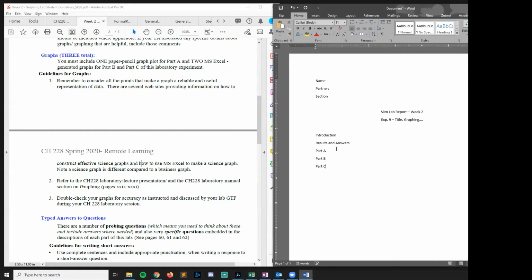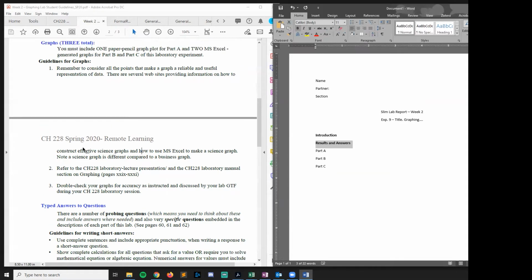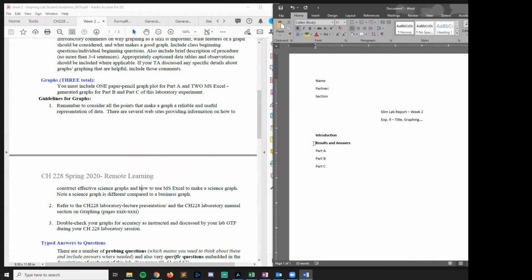That's not good. Where you're talking about the plots, you want that information and the discussion about the plot next to the plot. Okay, so so far we've got introduction, results and answers. I'm combining these two, or maybe graphs. I'll say in parentheses just so we don't get confused.